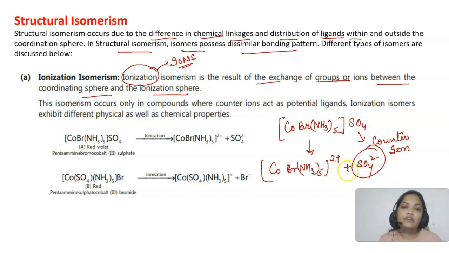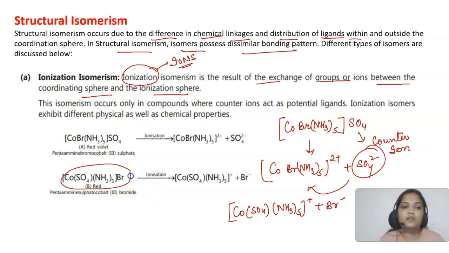Now this sulfate ion also has the potential to act as a ligand. So what will happen? There will be an exchange of ligands. Sulfate will go inside and bromide will come outside. So you will get [CoSO4(NH3)5] positive and Br negative. These two are isomers.